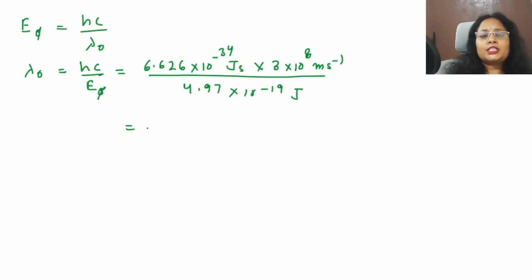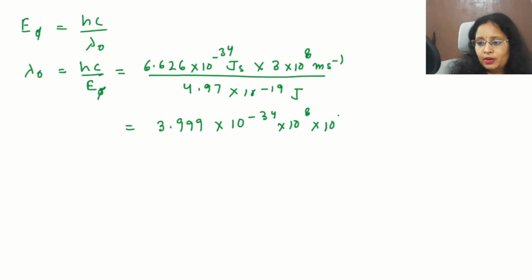Now multiply 6.626 with 3 and divide by 4.97, and we get 3.999. Now the powers are 10 to the power minus 34, into 10 to the power 8, into 10 to the power 19. So 19 plus 8 is 27, and 34 minus 27 gives 7, in minus form.